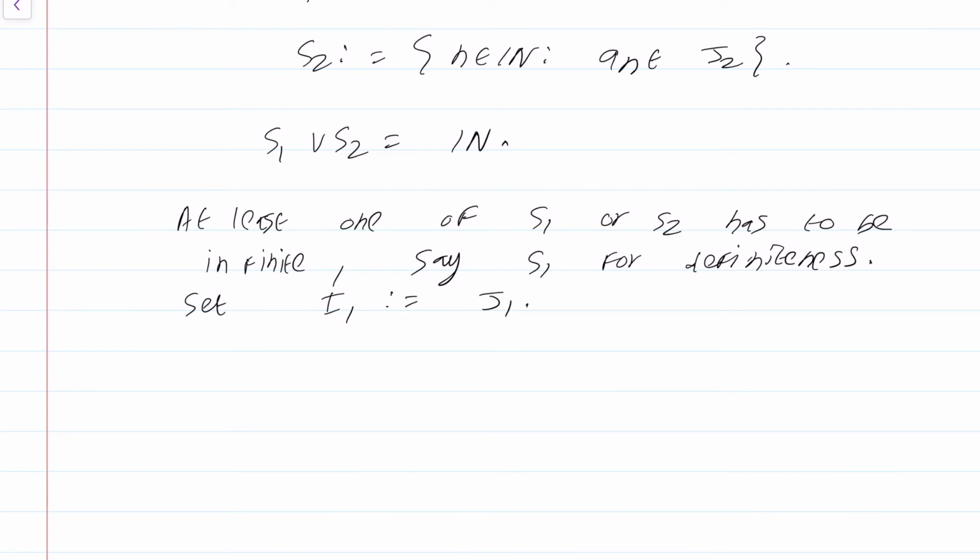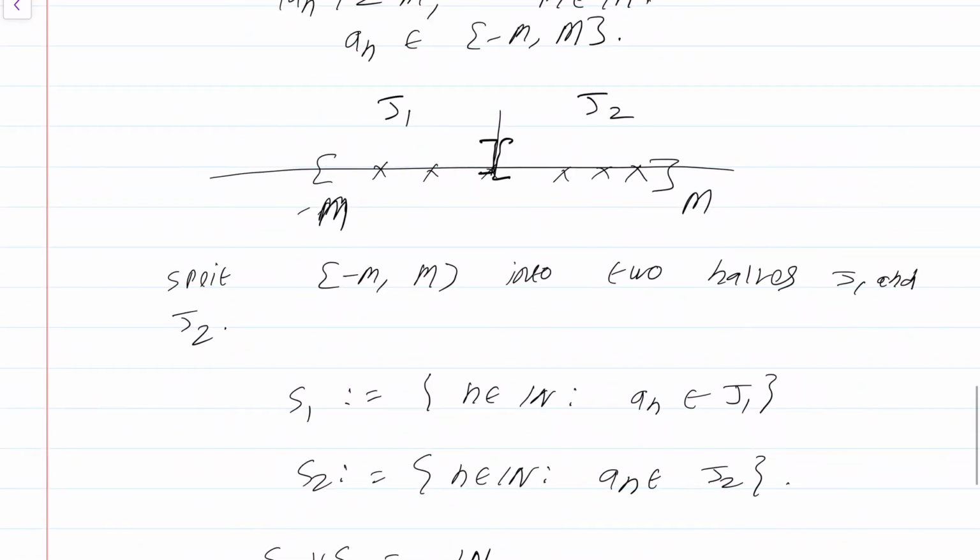Okay. So what have I done? There are terms of this sequence an that fall either in J1 or J2. I am looking at those indices for which an falls in J1 and those indices for which an falls in J2. For either S1 or S2, an should be in J1 or J2 infinitely often.